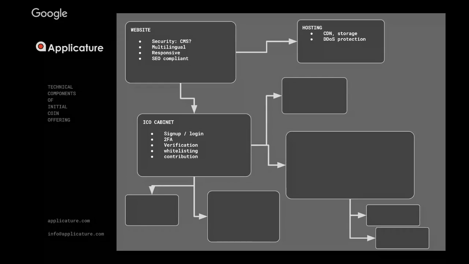Next, ICO cabinet will walk the contributors through the contribution flow, and you can refer to a different video where we explain how we design the flows for the contribution, and then see the history of the transactions. Once they have made the transaction and can review the history, it creates additional trust. They can see that the transaction went through all good, and they make a repeat contribution.